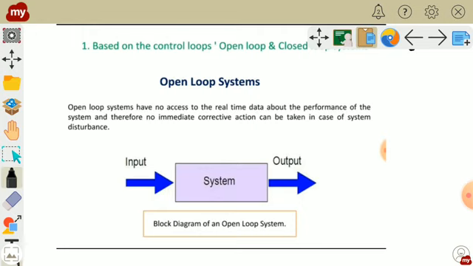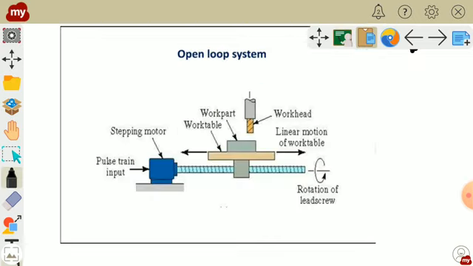In this system, no feedback signal is given. Input is given, we get the output. This system we can find in NC machines with open loop system. Here in this diagram, we can see a stepper motor that is attached to the lead screw. The lead screw is attached to the work table, and we can store our work part on the work table.